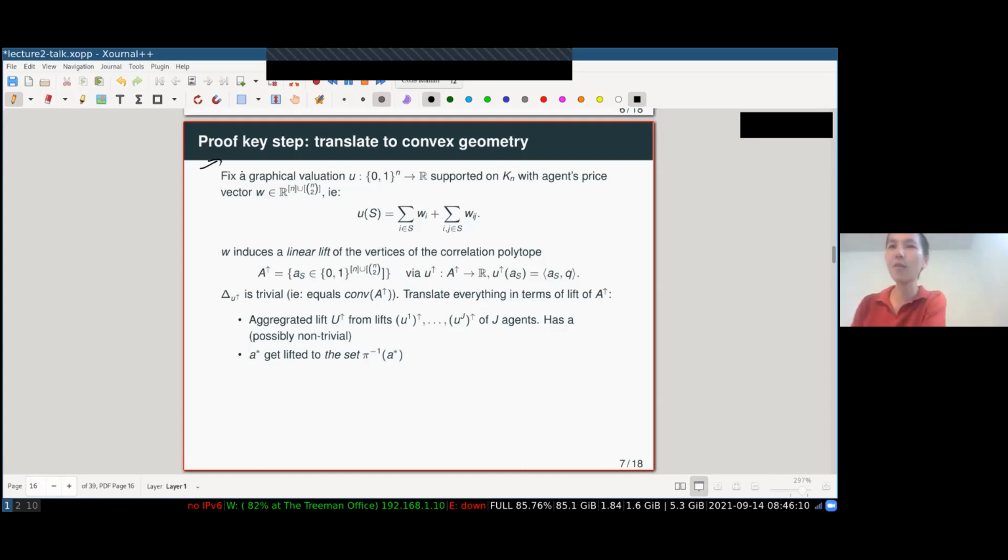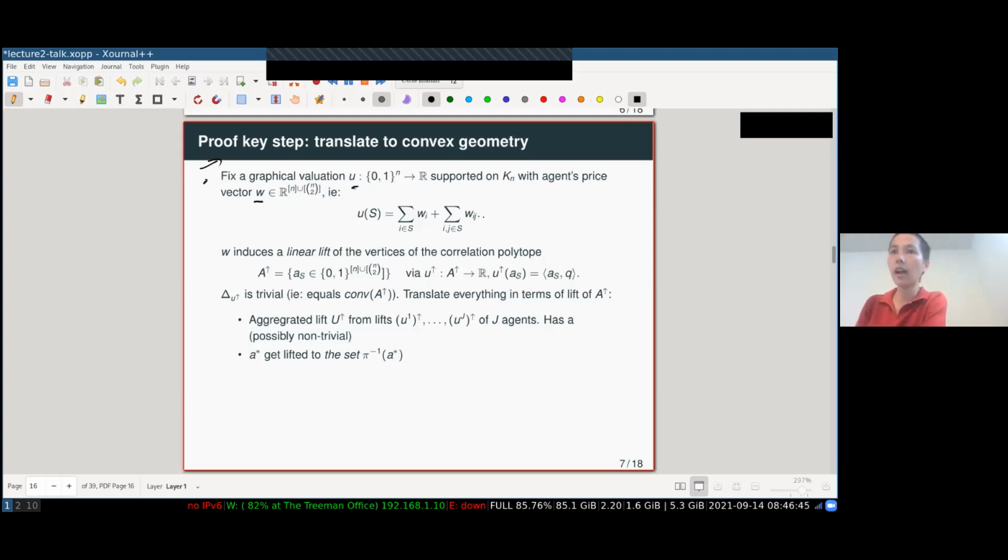Okay, so I'll say a little bit about the proof. I don't have tons of time, but let me just give you a sketch of the key part of the proof. If I have a graphical valuation U with a price vector W of the agent, that means the agent values a bundle S as the sum of the values they put on each item plus the sum of the values they put on the edges.